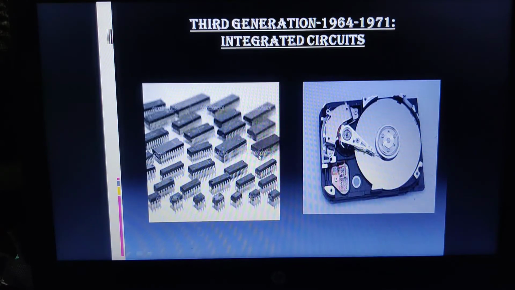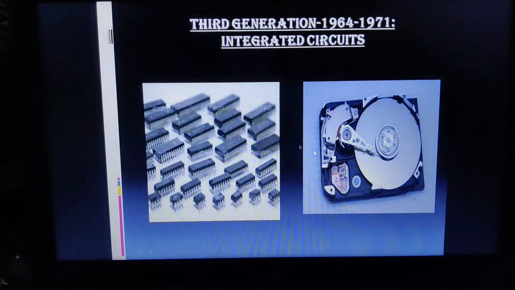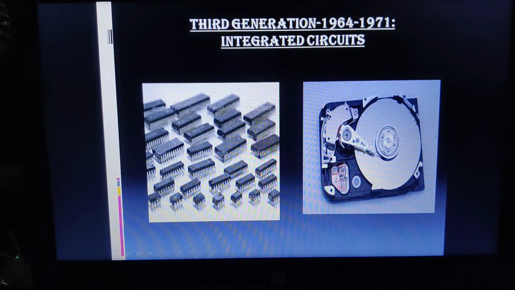Now in the third generation, integrated circuits mounted on silicon chips were being used for internal operations. These are ICs. Can you see? These are the silicon chips. So these integrated circuits on silicon chips were being used for the internal operations.